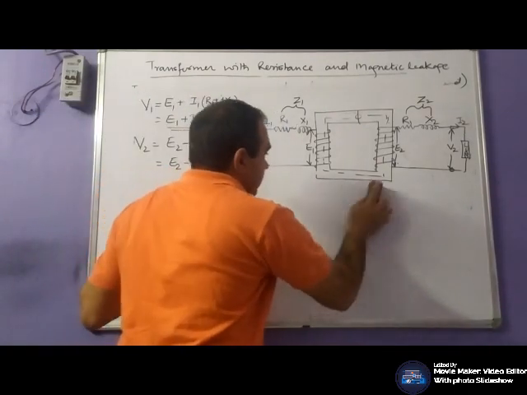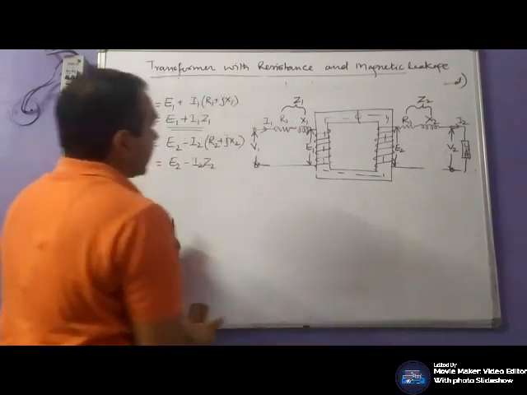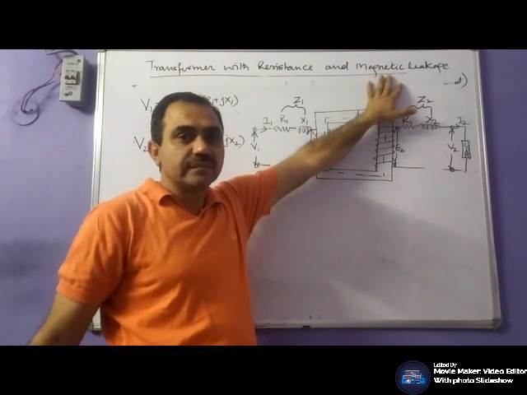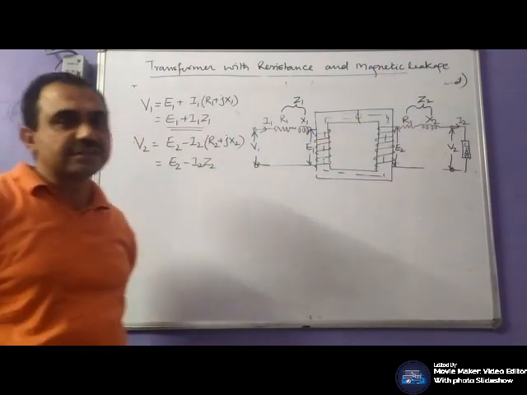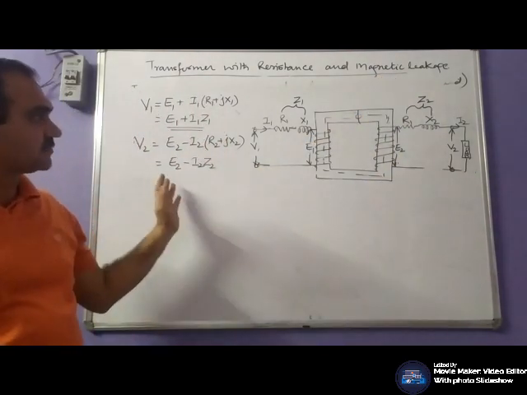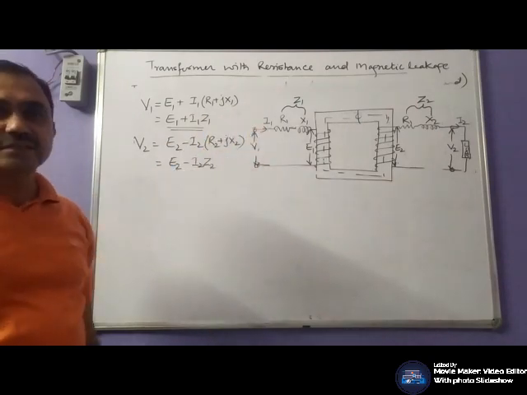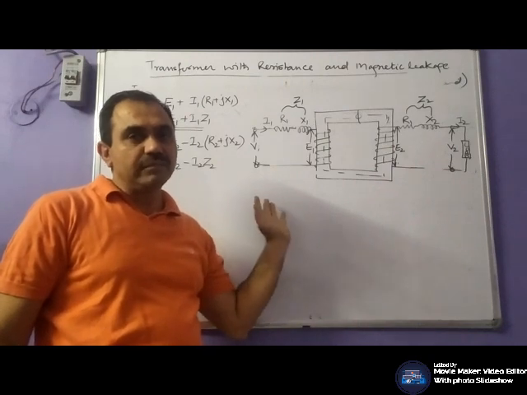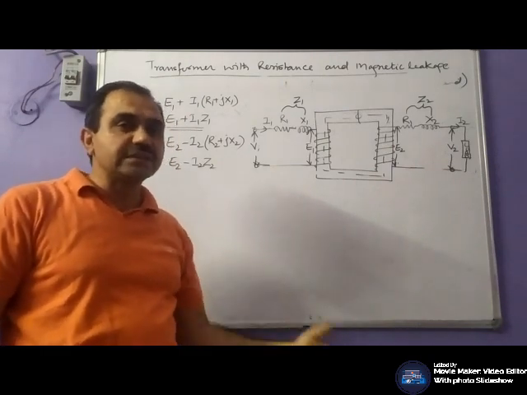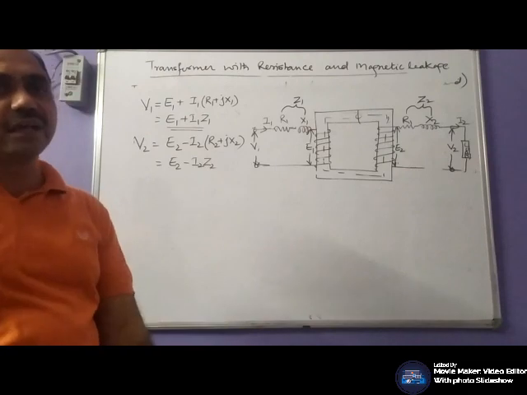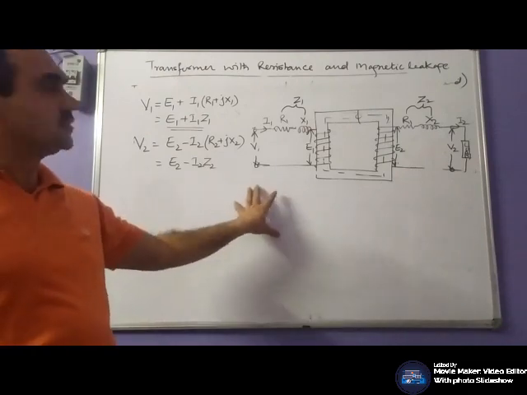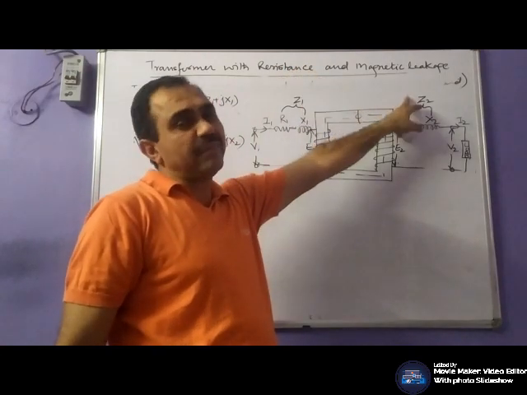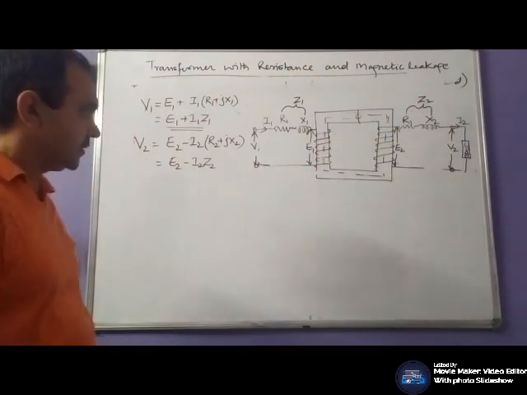We have discussed the phasor diagram neglecting resistances and magnetic leakage. If in the examination the examiner says draw the phasor diagram of the transformer neglecting the resistances and magnetic leakage, then you can draw that phasor diagram. If he says draw the phasor diagram of the transformer, then you have to draw the phasor diagram of the actual transformer, that is considering resistances and magnetic leakage.